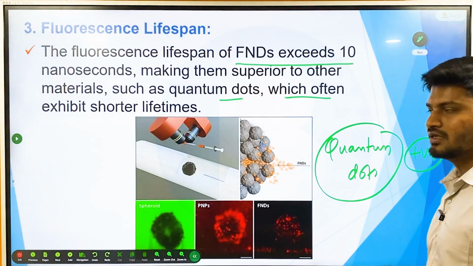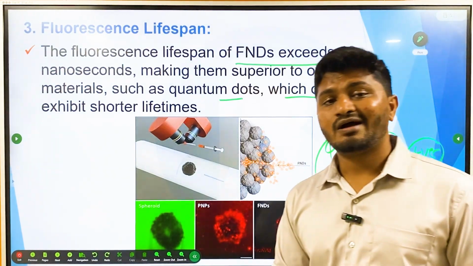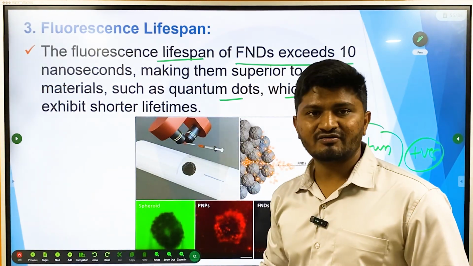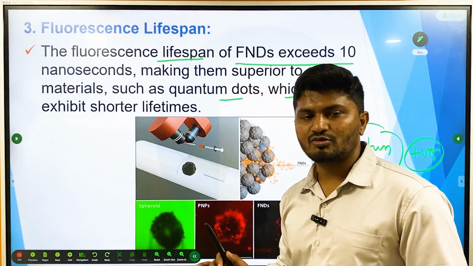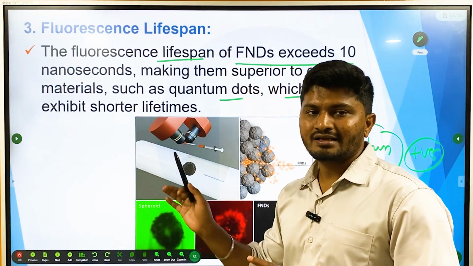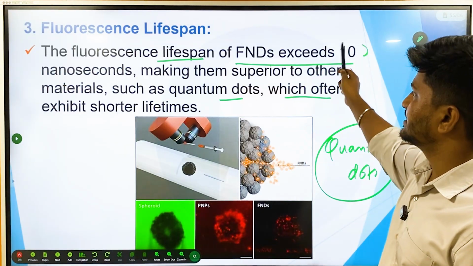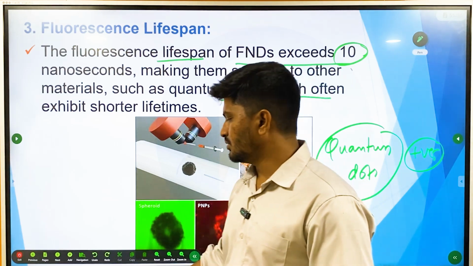Not the case here. Quantum dots have a shorter lifespan compared to the fluorescence of FNDs. Very important. There can easily be a statement comparing their lifespan here.